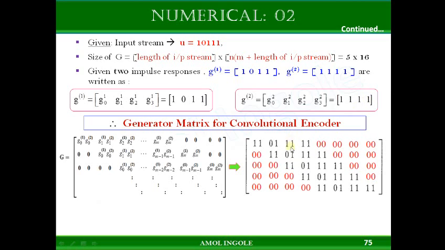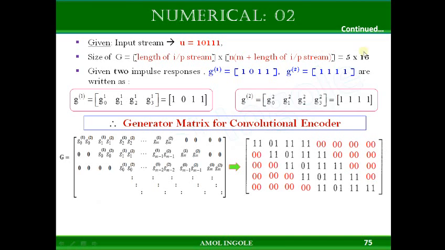So 1 1 will be the next two bits. In the same way, you can write the last two bits of the non-zero part, which is 1 and 1.